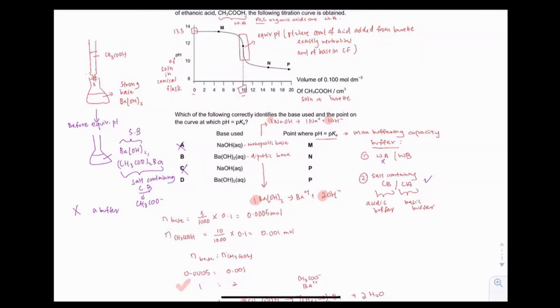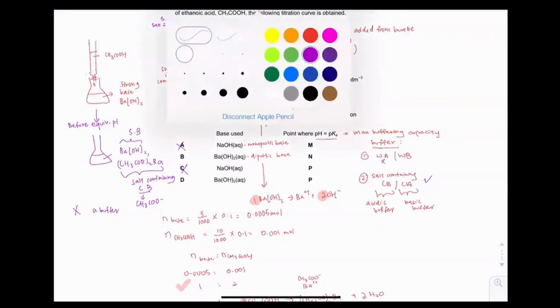So therefore, from one drop of ethanoic acid to just before the equivalence point, there is no buffer. So what do I have in the solution? Just strong base plus salt containing the conjugate base. Okay, and then let's look at what I have at the equivalence point.